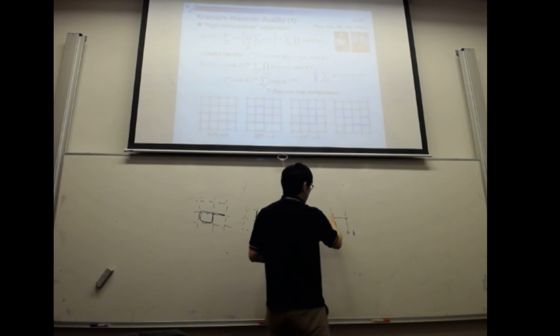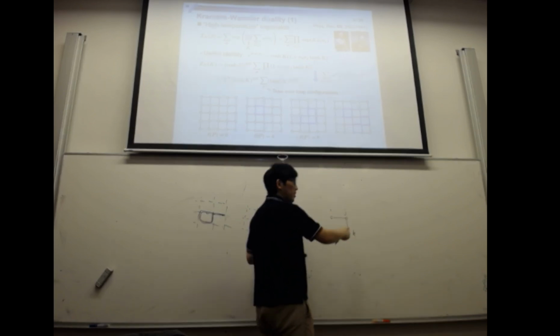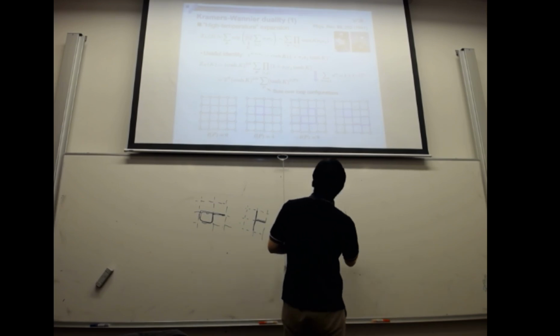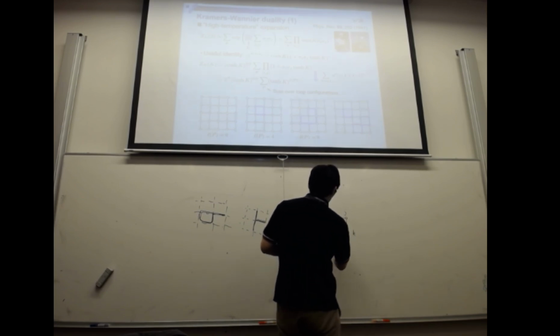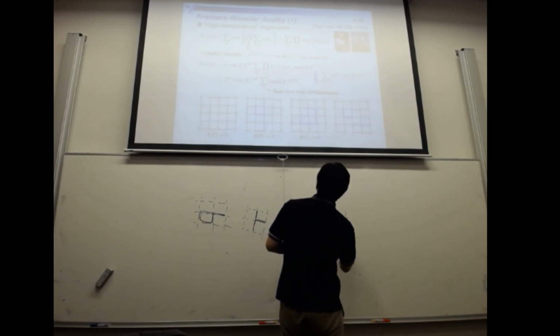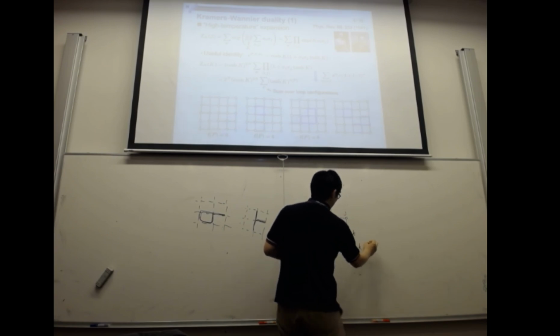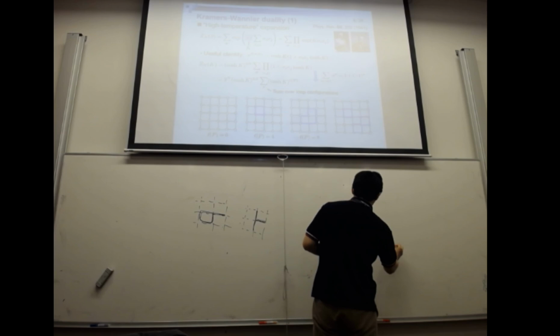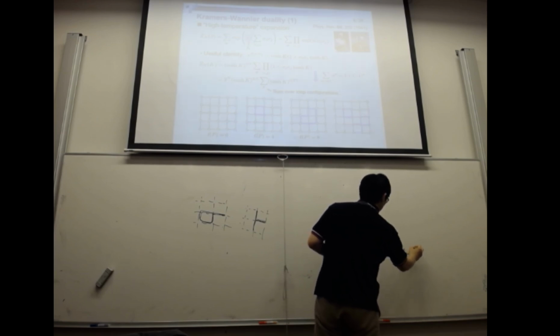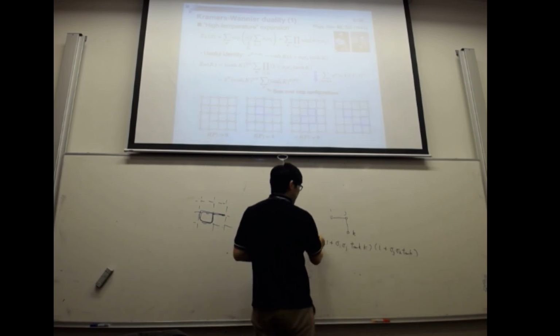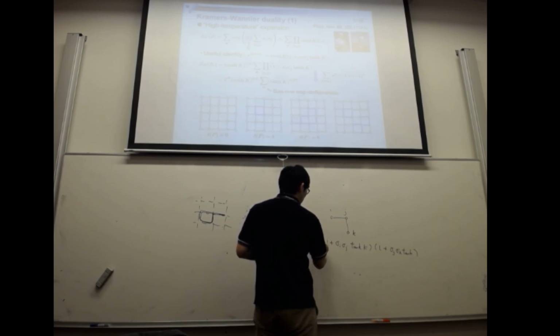Suppose you have sites i, j, k like this, and consider the product of this factor and this factor, and consider the sum over sigma_j here.